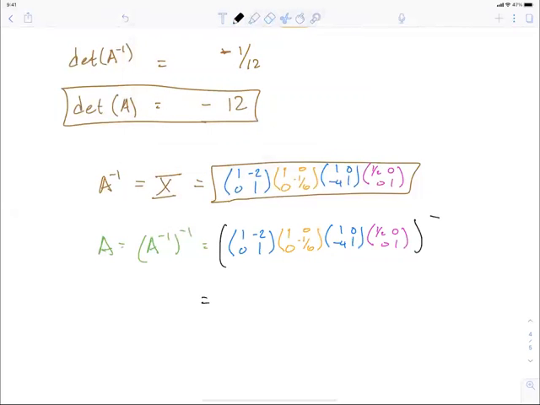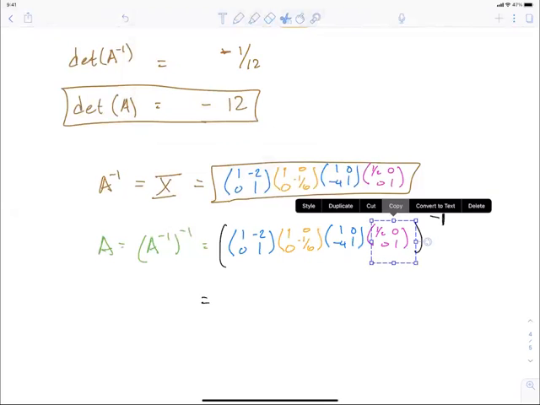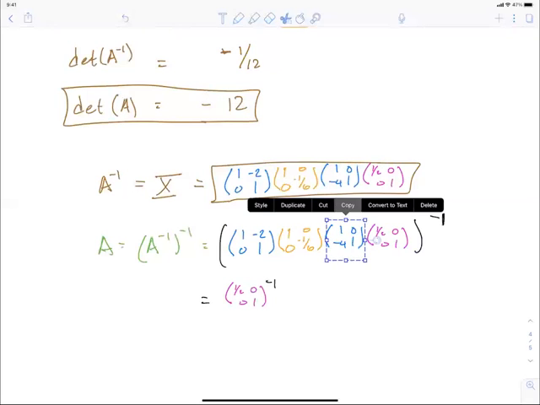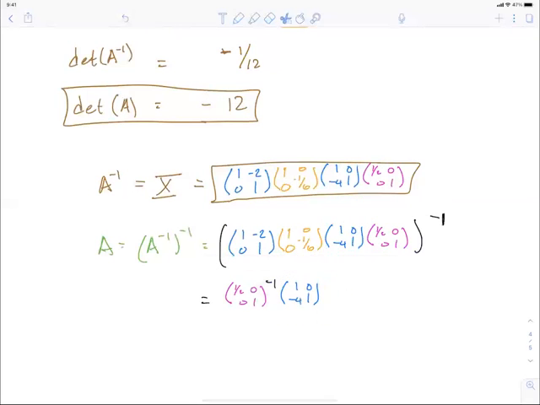And that's going to be equal to the inverse of each of them individually. So we can take each of these individually and invert them, but they're going to be in reverse order now. Keep in mind, when you take an inverse of a product, you're allowed to distribute the inverse as long as you invert them in reverse order.